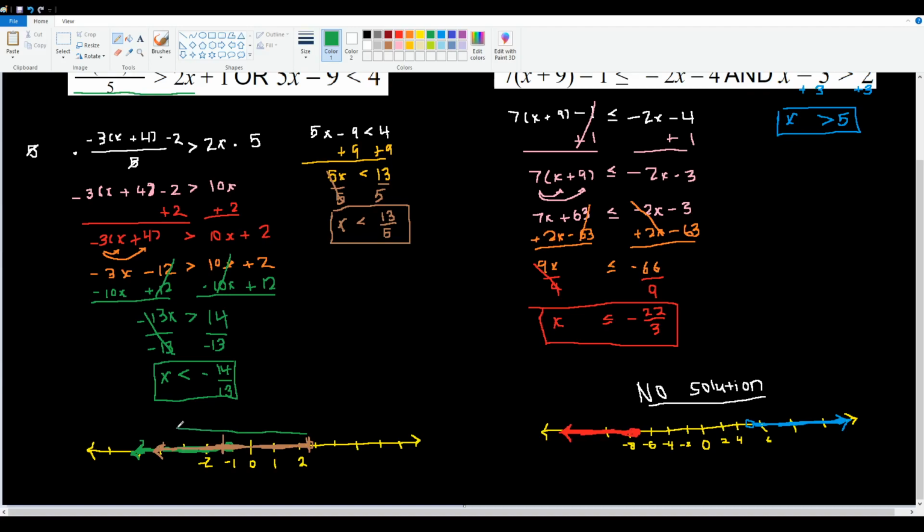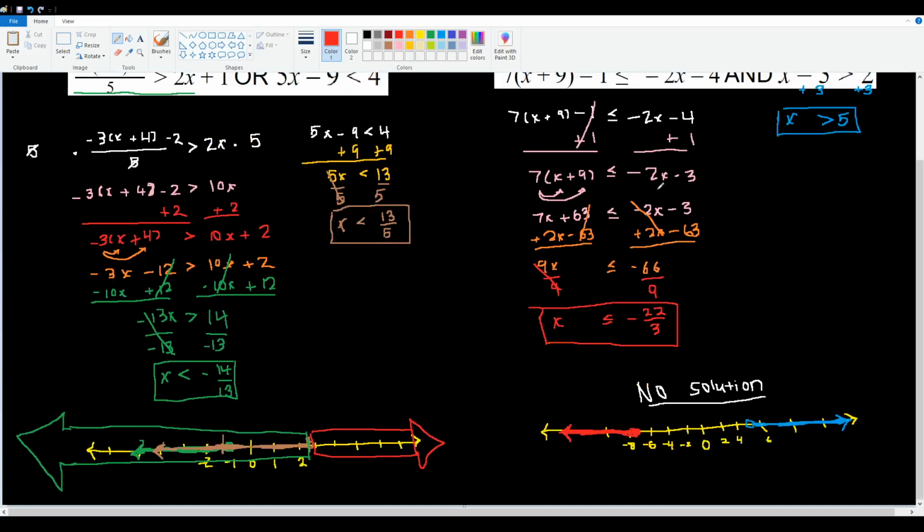Going on and on and on. It can be any of those solutions, except nothing back here, because once you go back here, this is the danger zone. You can't have any solutions back here because it doesn't satisfy either inequality.